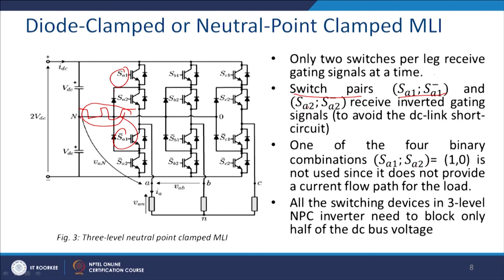All the switches of the 3 level inverter need to block only half of the DC bus voltage, whereas otherwise you would choose a single switch of rating VDC, but here you can choose half of the rating. Generally the cost of the switches increases very high with the rating and thus it helps to reduce the switch rating.